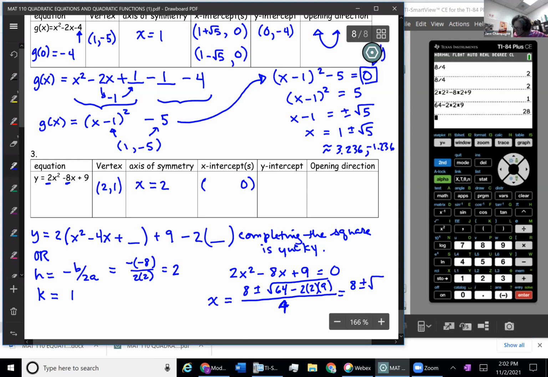Square root of 28 all over 4. And then 8 over 4 is 2. But then the square root of 28, again, is the square root of 4, or 2, times the square root of 7, all over 4. So that reduces to 2 plus or minus √7 over 2.